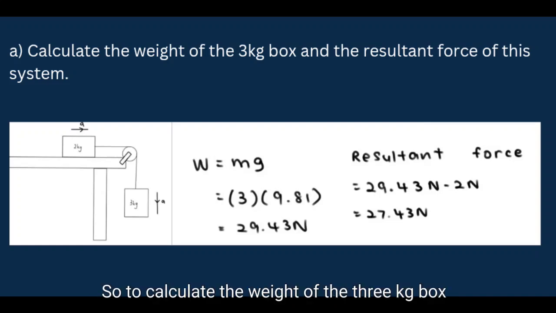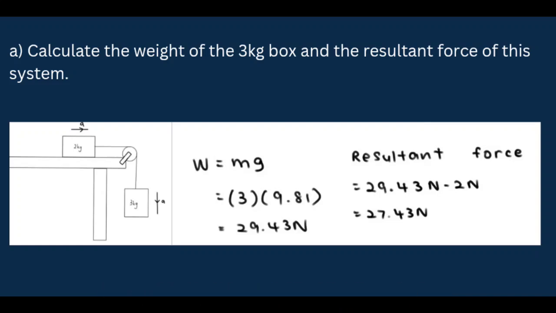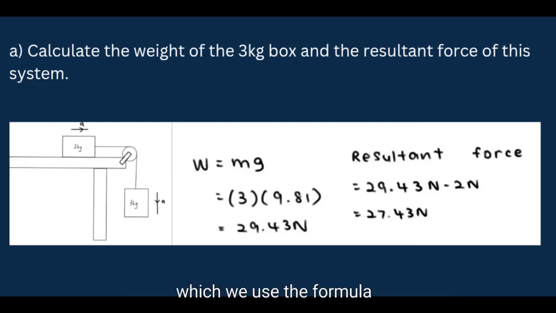To calculate the weight of the 3 kg box, we use the formula W equals mg, where m is 3 and g is gravitational acceleration, which is 9.81. So we use 3 times 9.81 equals 29.43 Newton.